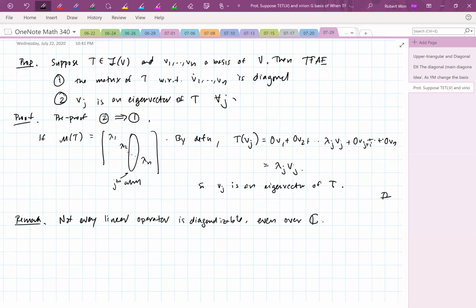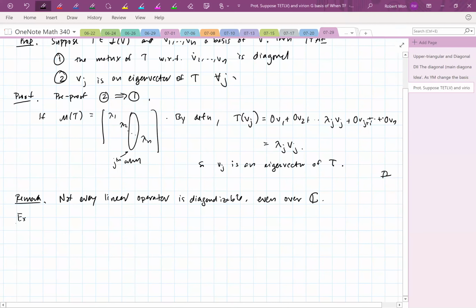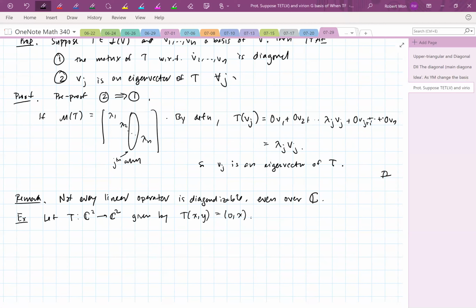There's actually just a nice, pretty elementary example. So let's let T be the linear map from C2 to C2, given by T of (x, y) equals (0, x). Let's try to figure out what possible eigenvalues T can have.